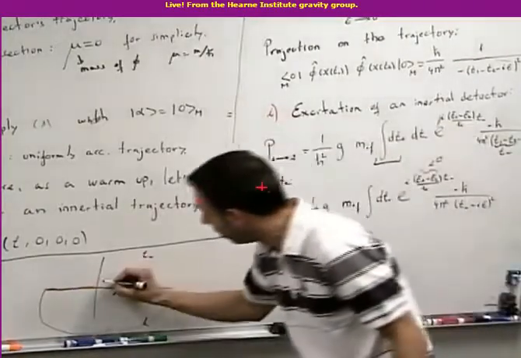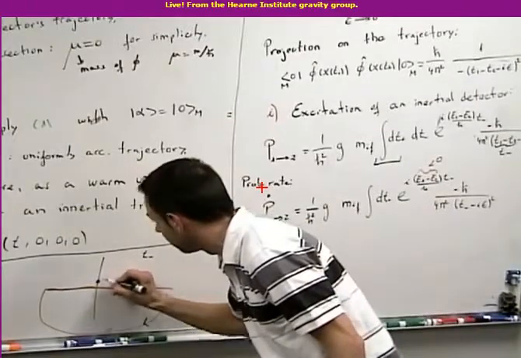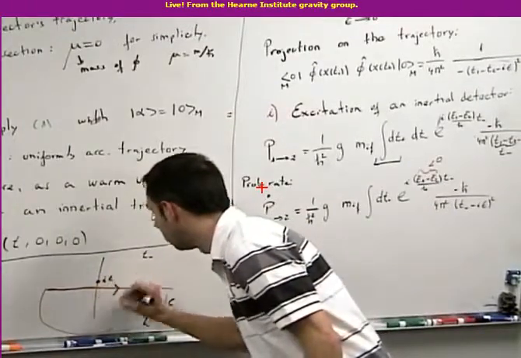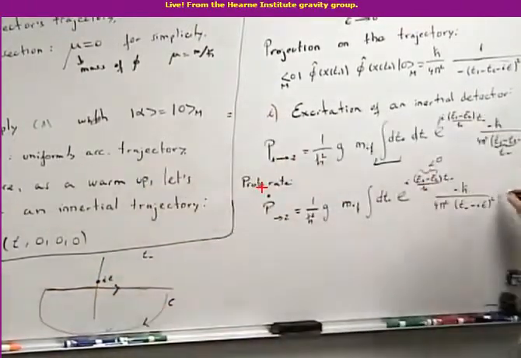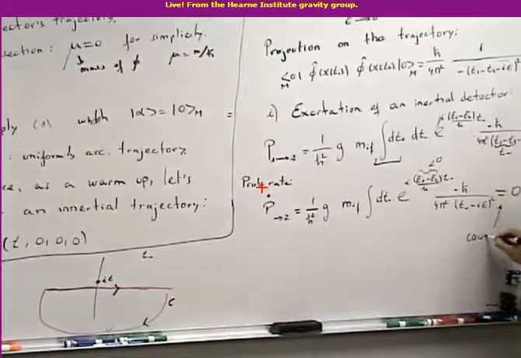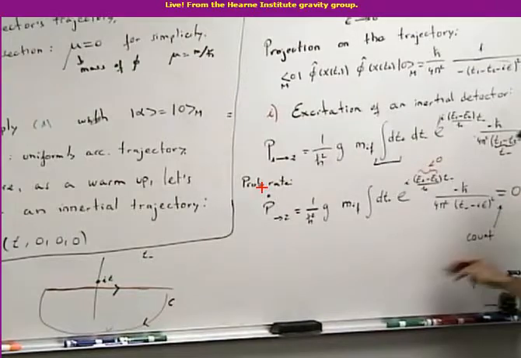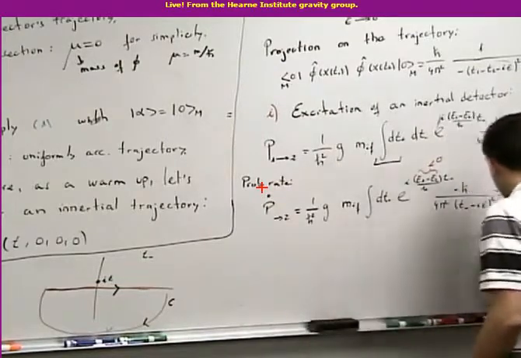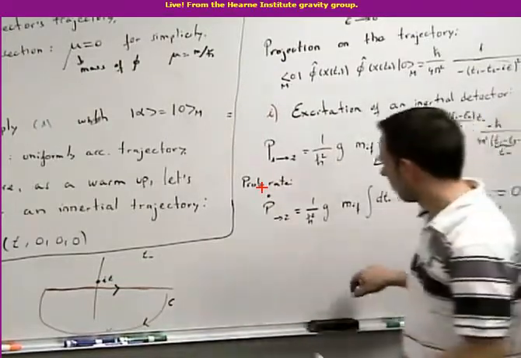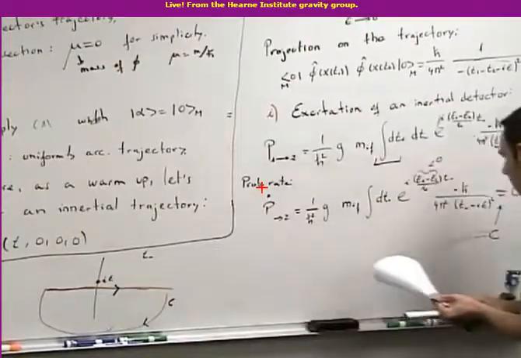So the only pole is here, i epsilon. So no poles there, this integral is 0. So choose the contour C. As expected.